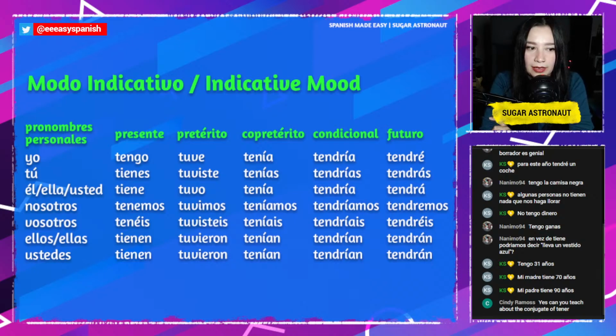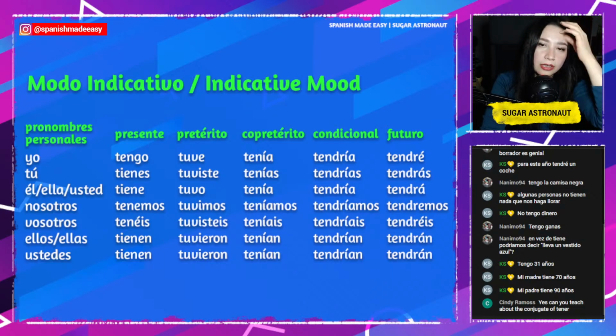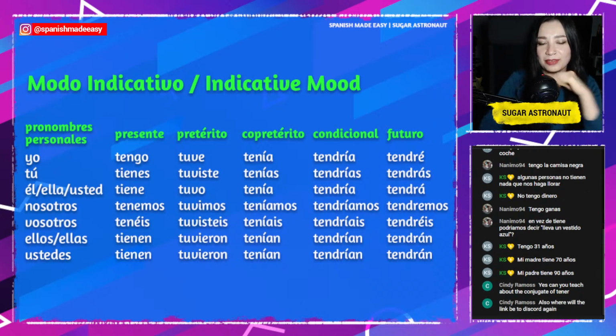We went over the conjugation of tener using the indicative mood in different tenses like present, preterite, imperfect, conditional, and future. So please feel free to rewind a little bit the video and watch that part. In the future, we can talk about more complex conjugation of this verb in other, more challenging moods, for sure.